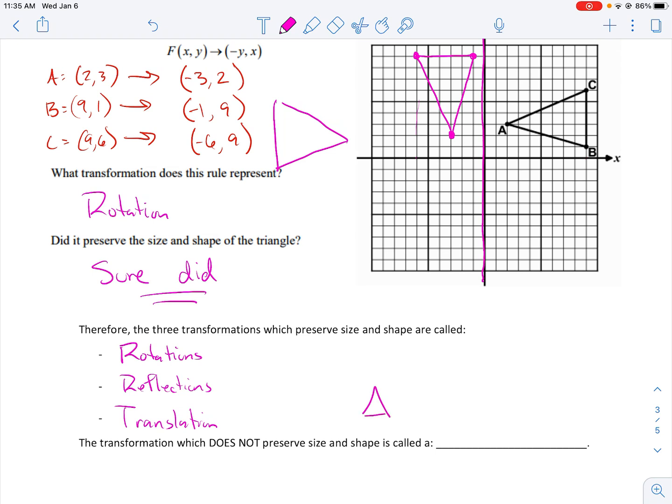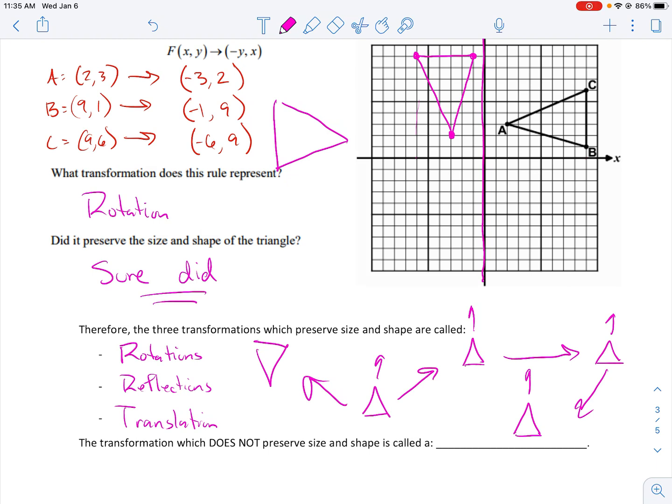Translation looks more like this, or moves over here, or maybe it goes back down this direction. We're just always pointing north here. Translations don't shift it in a manner that we go from here and then now we're upside down. That's not a translation. That could be part of a translation, but also there's a rotation involved there.